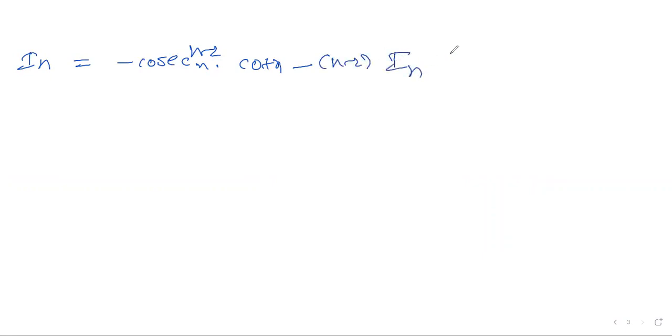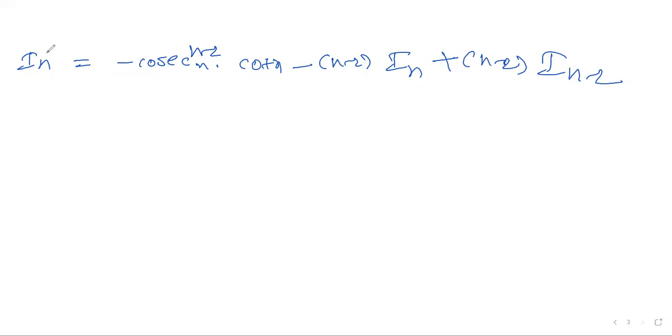So In is equal to minus cosecant power n minus 2 x into cot x minus n minus 2 into In plus In minus 2. Still any doubt? Sorry, n minus 2 is available, right? That I should copy: n minus 2 into In minus 2. Still there is no doubt at all.